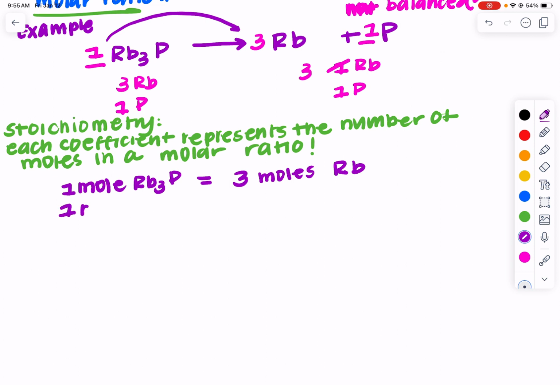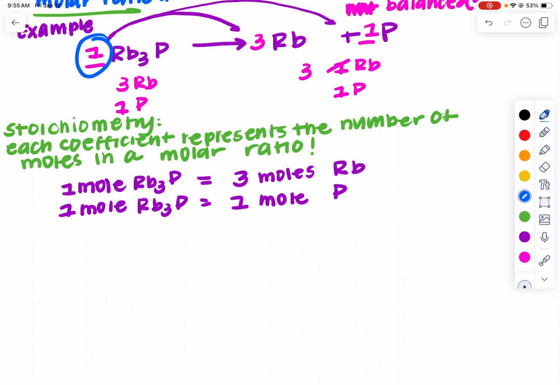Now, 1 mole of Rb3P is also equal to 1 mole of phosphorus. And again, that's all that it is. These numbers now gain significant importance because you can convert between moles of one substance to moles of another completely different substance just by looking at the balanced chemical equation, okay?